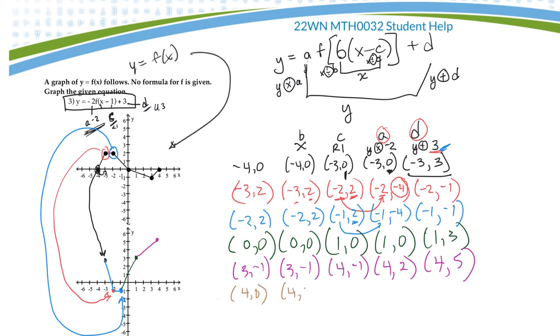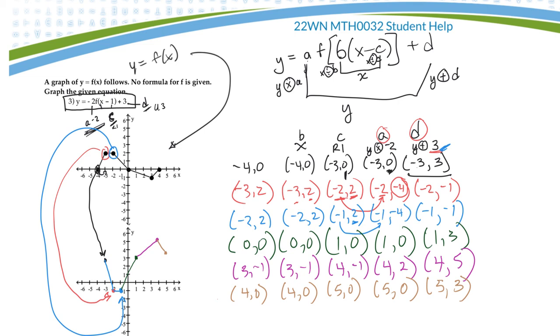Nothing happens with B. Move right 1, so it'll be 5 and 0. Multiply 0 by negative 2, which won't change it at all. Then add 3 to the y value. 0 plus 3 is 3. So my last point is 5 and 3, right there.